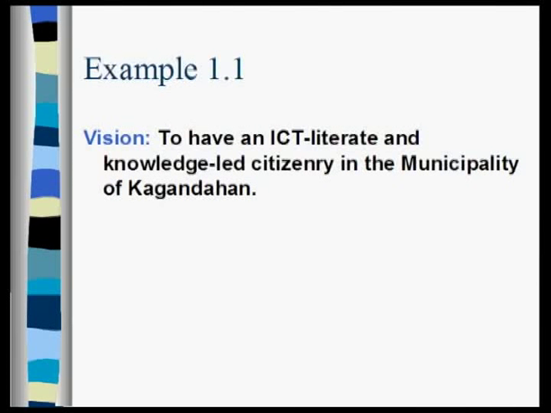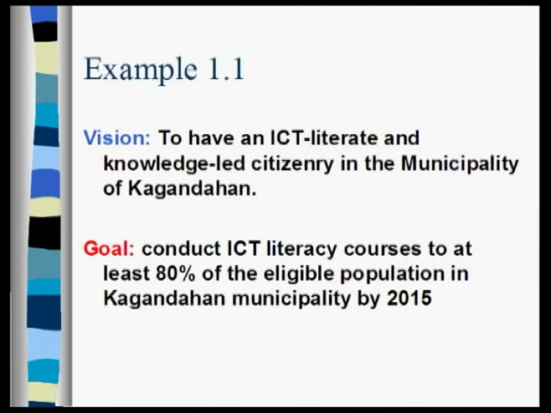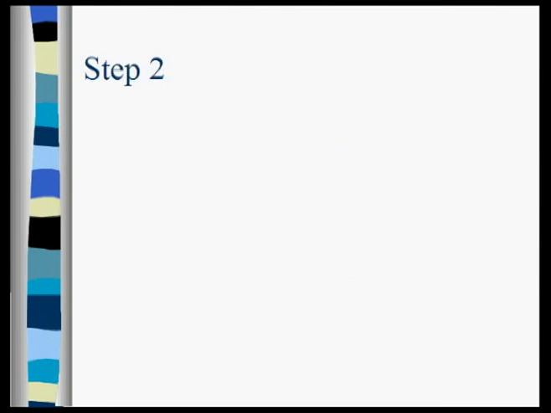The vision of the CEC is to have an ICT literate and knowledge-led citizenry in the municipality of Kagandahan. Attached to this is a goal, which is to conduct ICT literacy courses for at least 80% of the eligible population in the municipality by the year 2015. So you have a vision and a goal. If we have these, we can start doing a knowledge audit.